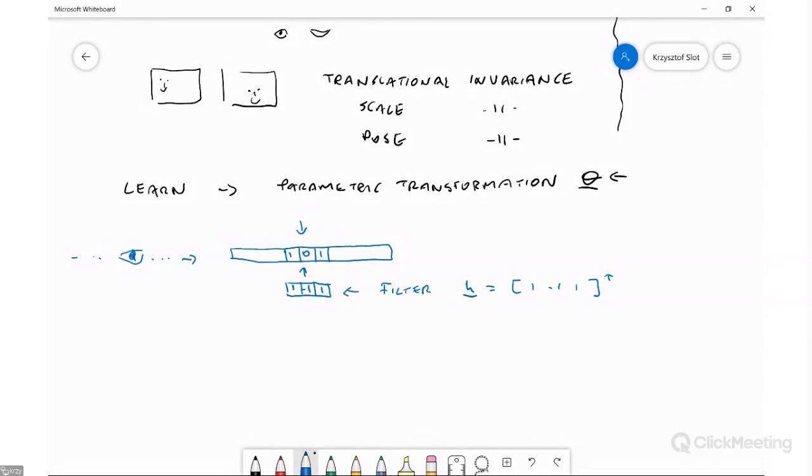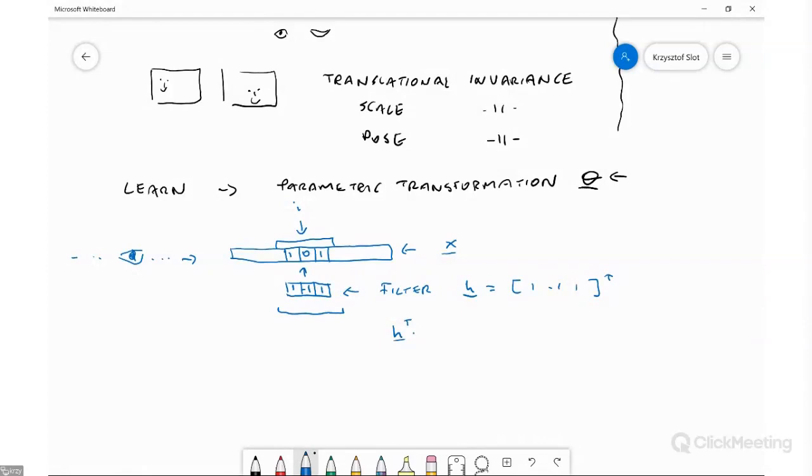So if I want to say how similar this vector is to this part of my one-dimensional image, I can measure it by computing a dot product. So h transposed times x, at some position i. X here is an input.